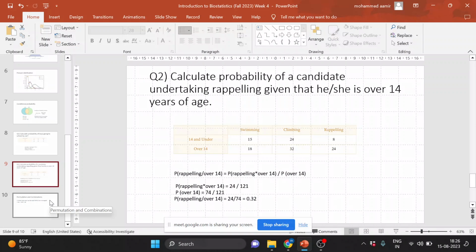To do this, you need to know permutation and combination. I won't tell you why, it's there in your assignment, but you'll also need to use Bernoulli's theorem, Bernoulli probability, to do this.